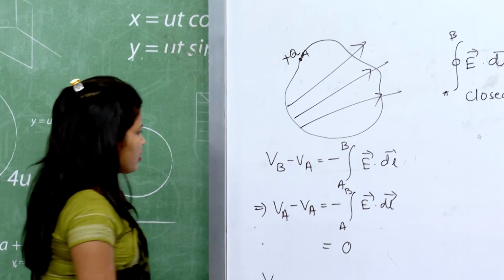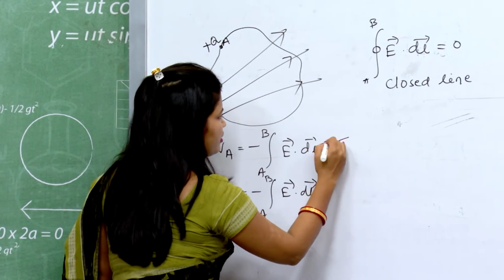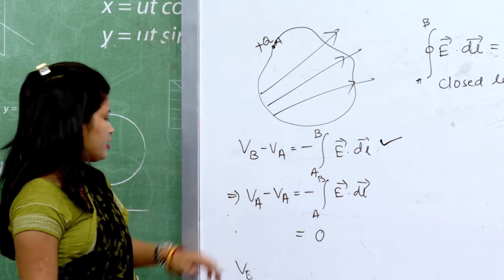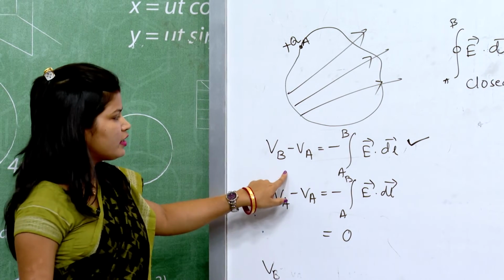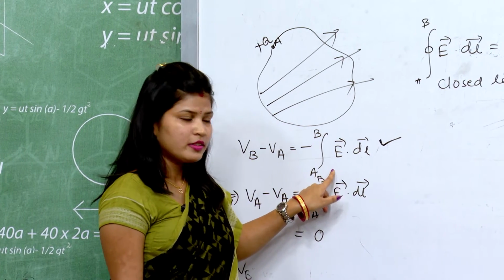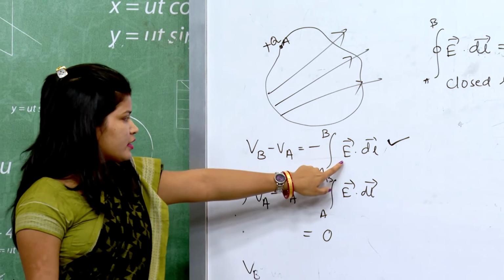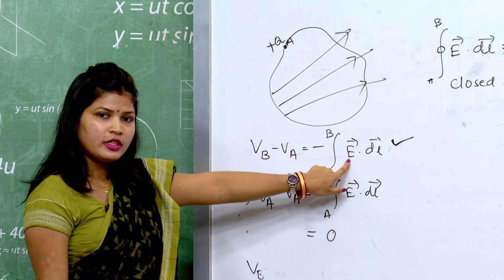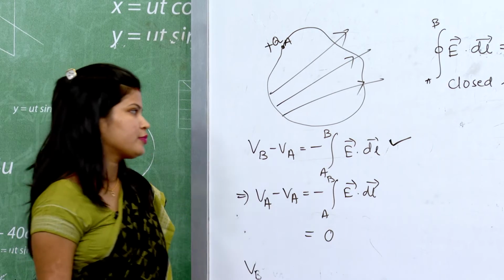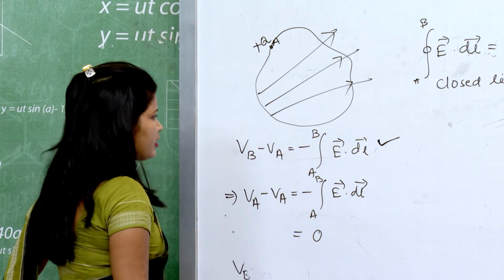So, students, from this relation you observe that the potential is the integral of electric field. Then it is obvious that the electric field is the derivative of potential. Let us see.